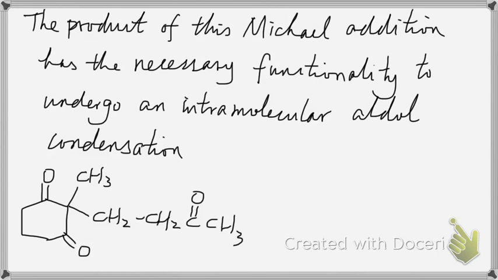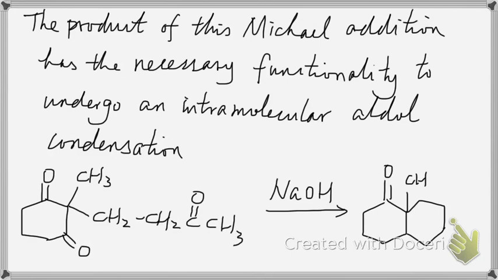In this particular molecule, we have 3 carbonyls, right? The carbonyl in the ring could serve as the carbonyl compound, while the newly added carbon chain, this carbonyl could serve as the enolate. So when it's treated with a strong base, it's going to cyclize to form another 6-membered ring.